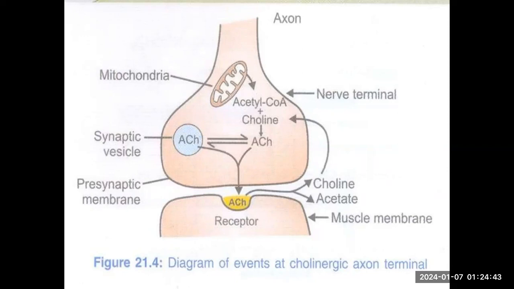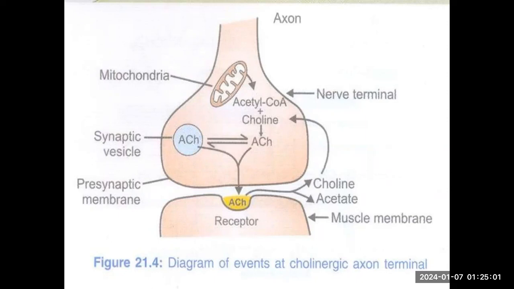Acetyl coenzyme A then combines with choline and makes acetylcholine, which is stored in the vesicles present in the synapse, known as the synaptic vesicles.